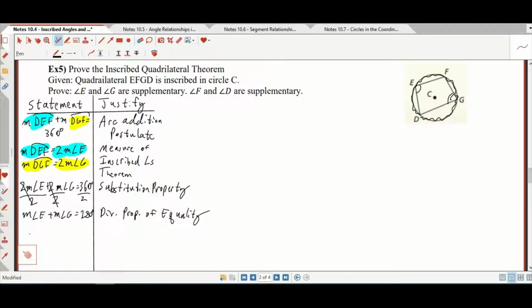So I know that angle E and angle G are supplementary, and I know that because of the definition of supplementary angles. They add up to 180 degrees.